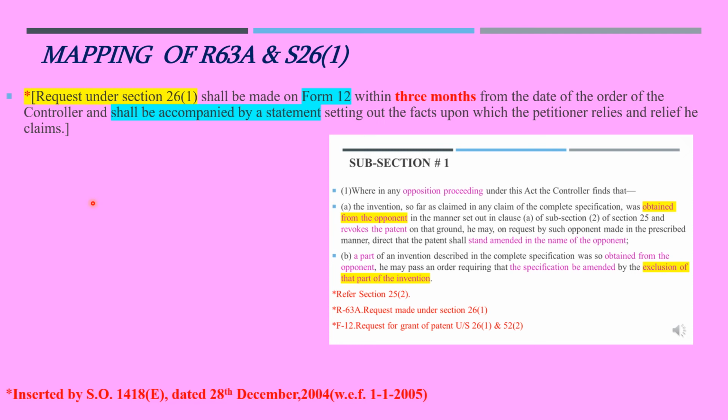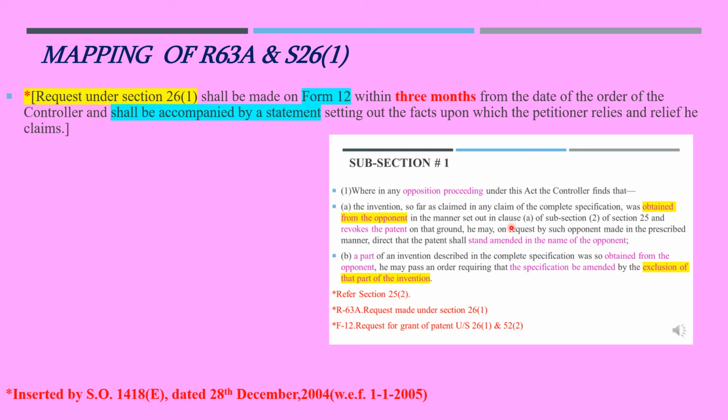Fine. So I am reading it again. Request under section 26 subsection 1 shall be made on form 12 within 3 months from the date of the order of the controller and shall be accompanied by a statement setting out the facts upon which the petitioner relies and relief he claims. This is the statement for rule 63A.